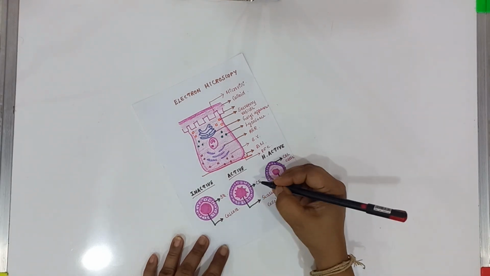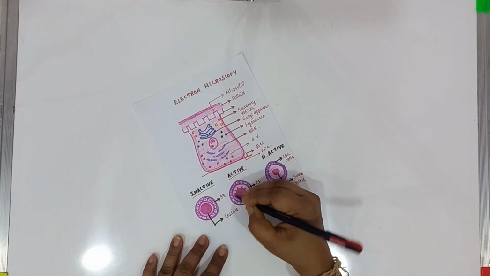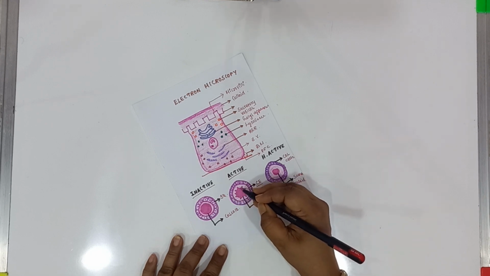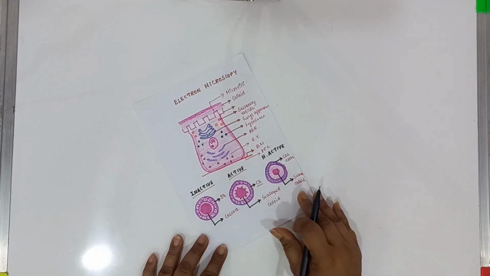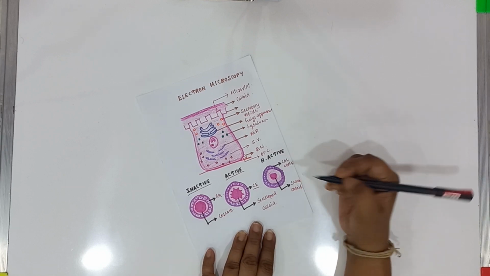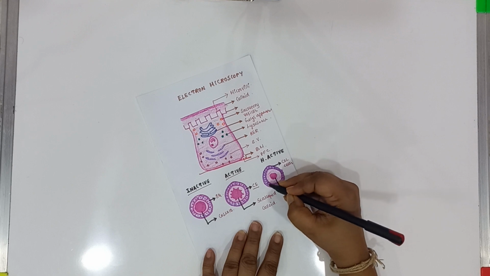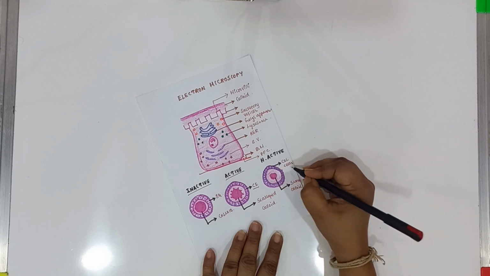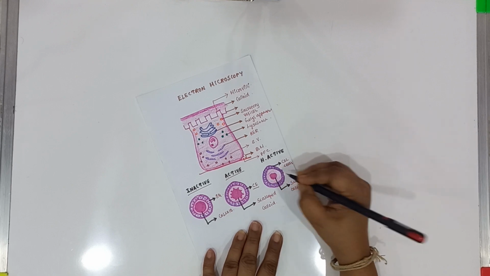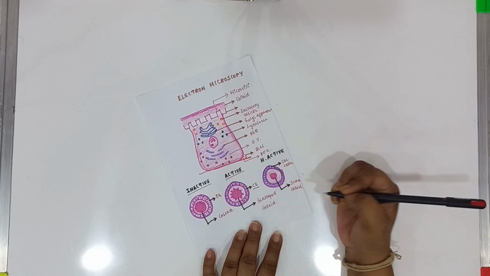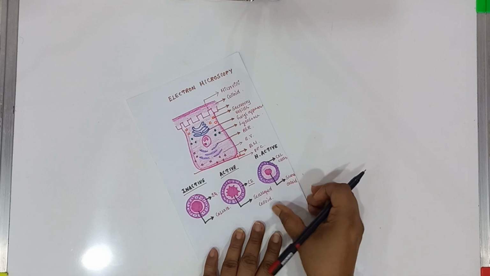In an active thyroid gland, it is lined by the cuboidal epithelium and you can see the scalloped margin of the colloid. But in a highly active thyroid gland, the follicular cells are lined by the columnar epithelium, and there will be a very little amount of colloid, that is, scanty colloid.